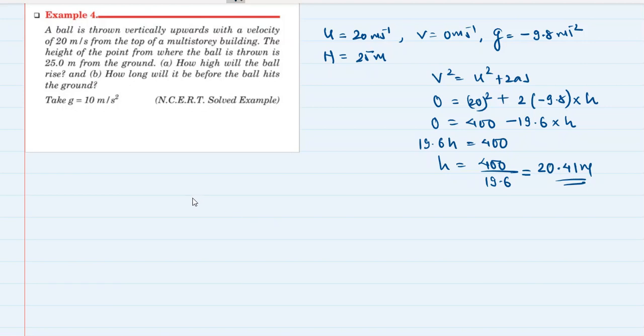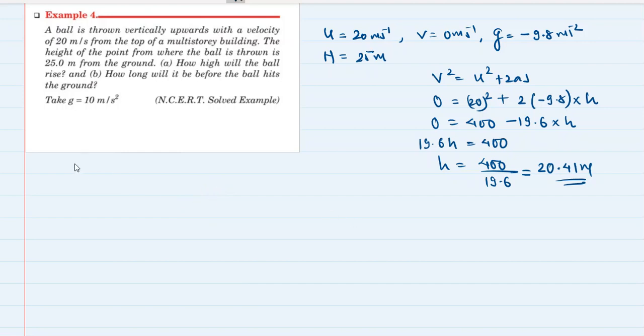It can be, because we have to find the time. So let's see. No, v square is equal to u square plus 2as will give you the velocity just before it hits the ground.